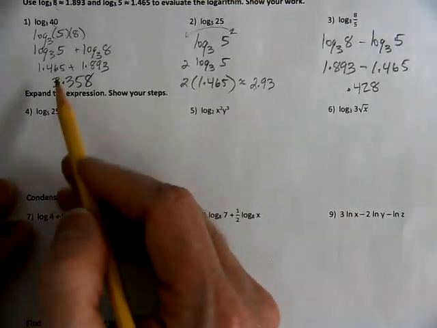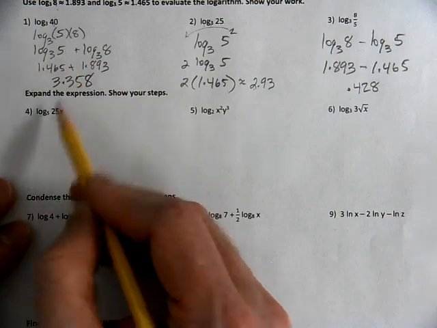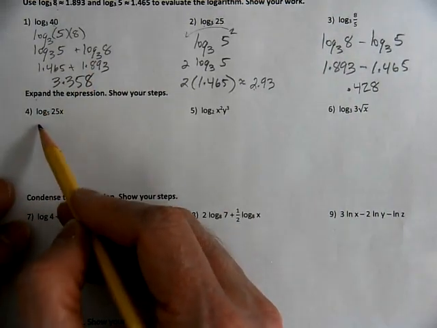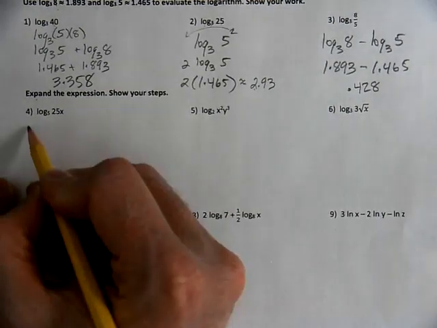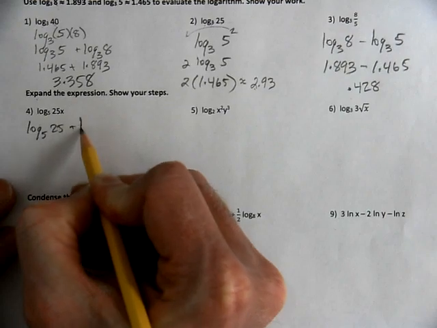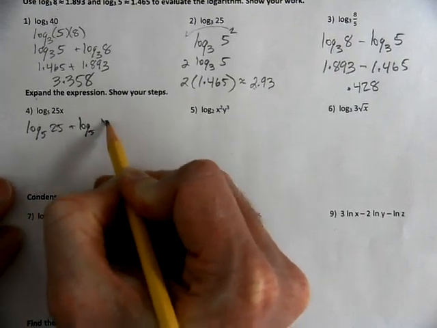Here we're going to use some of the same type of properties. We're going to expand. That means we're going to write more logarithms. So we're going to say log base 5 of 25 plus log base 5 of x.